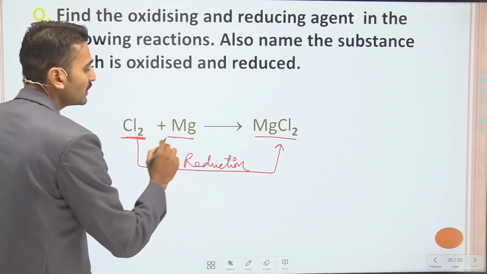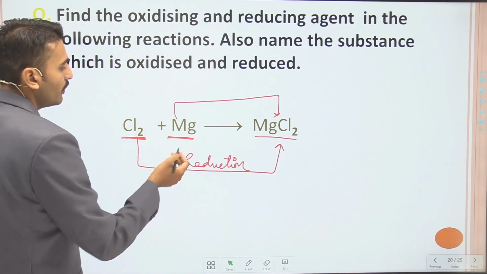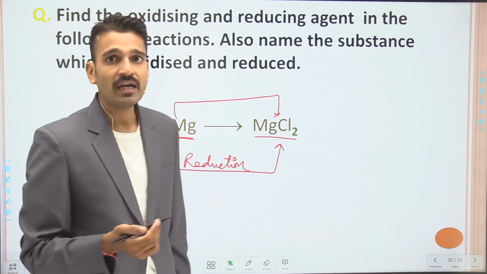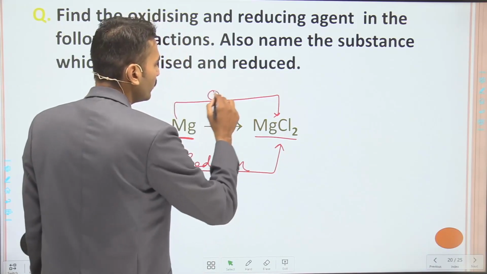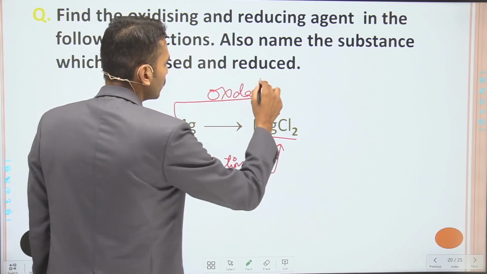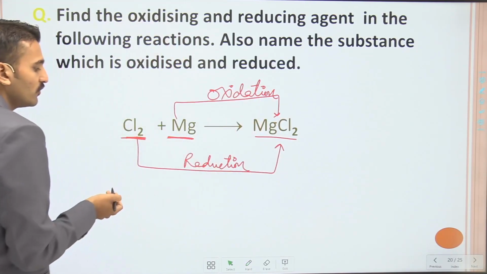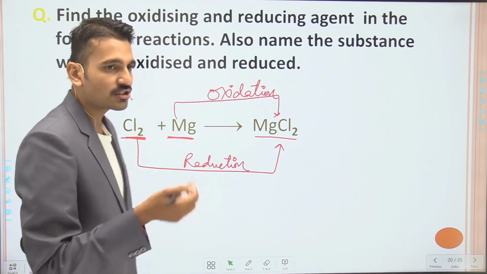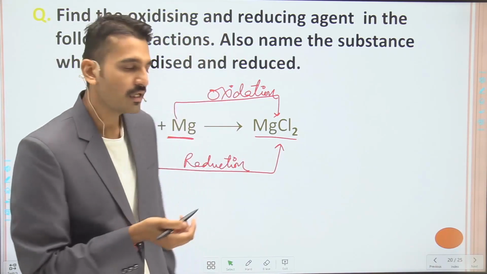And for the magnesium, what is happening? For the magnesium, an electronegative element is being added. So addition of an electronegative element is what? It is oxidation. So here you see, for chlorine reduction takes place and for magnesium oxidation takes place.